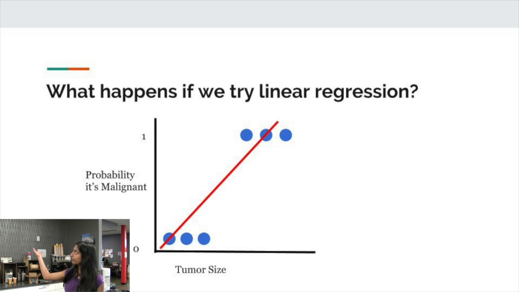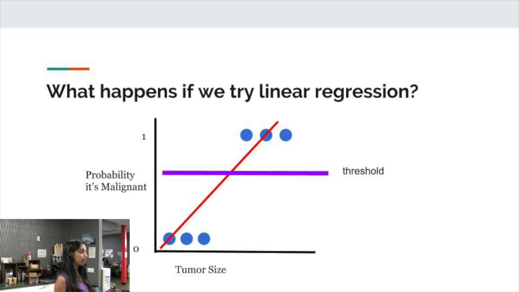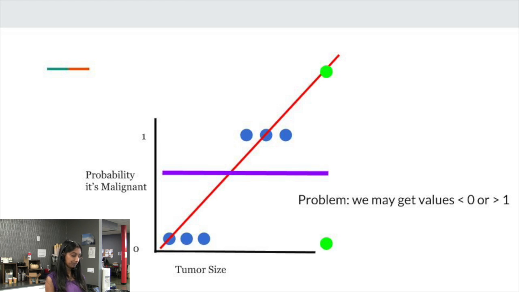So here's a way we might do it. We might say let 0.5 be our threshold. If the probability is greater than 0.5, then it's malignant. If it's less than or equal to, then it's benign. But if we just do normal linear regression, we could get values less than 0 or values greater than 1. And that doesn't make sense because we're doing probabilities.